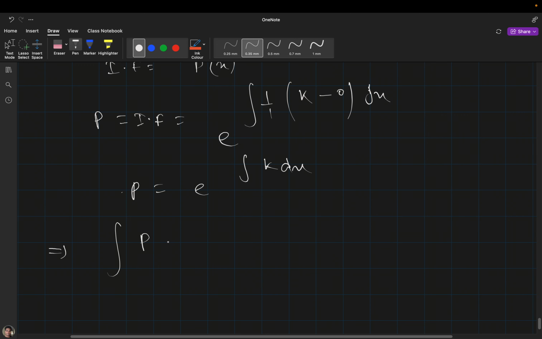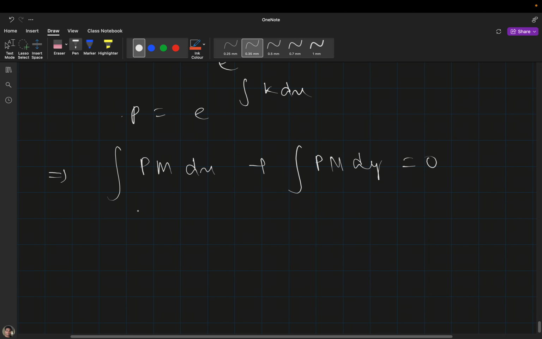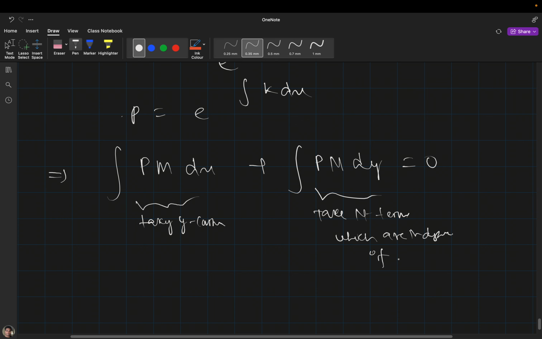What is the solution? pm dx plus pn dy equal to 0. This is the solution of the exact form, where I have to integrate taking y as constant, and for n, integrate the terms which are independent of x.